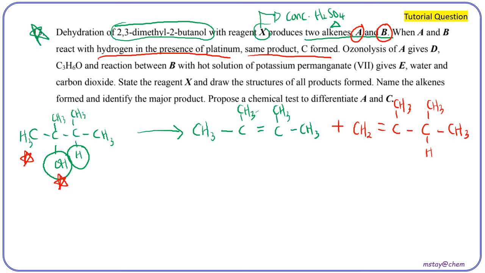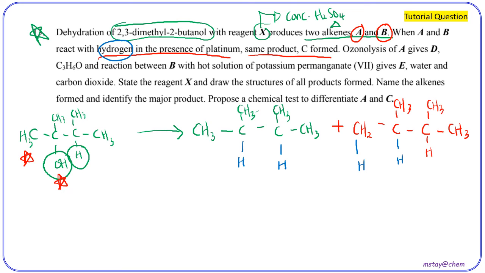Okay, then when A and B react with hydrogen in the presence of platinum, the same product C will be formed. Like just now, when alkene reacts with hydrogen, basically we break the double bond and form two new single bonds. So try to imagine: break the double bond, form two new single bonds.